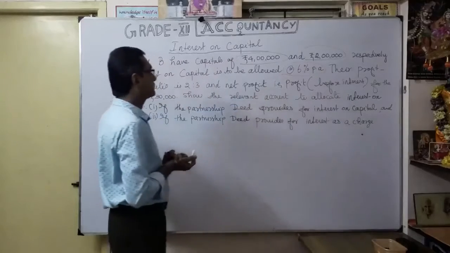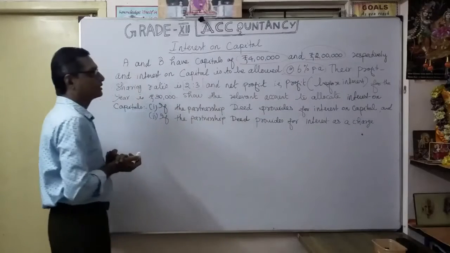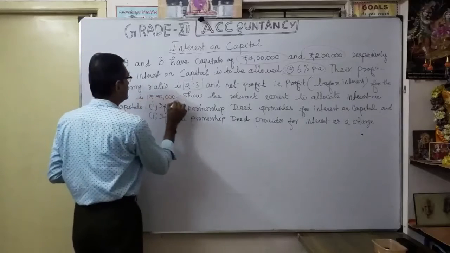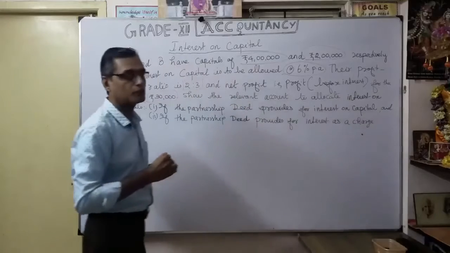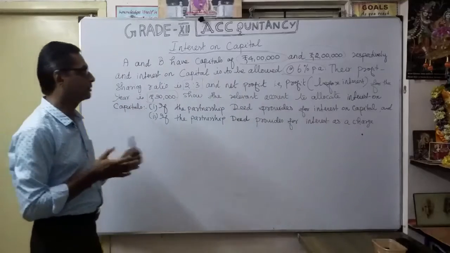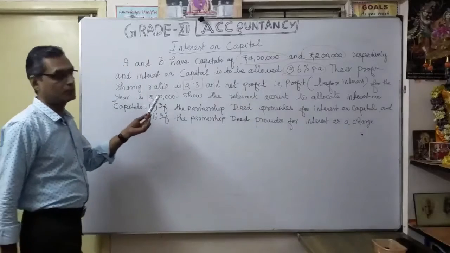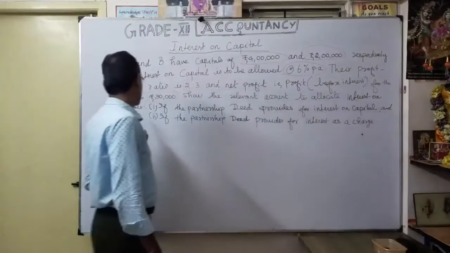The profit sharing ratio is 2:3 and the net profit is 30,000. But it's very important that the net profit is before interest, so we have to charge interest. The question is, show the relevant account to allocate interest on capital.